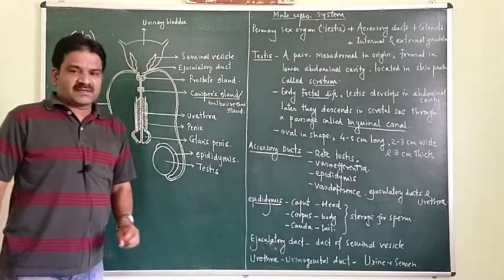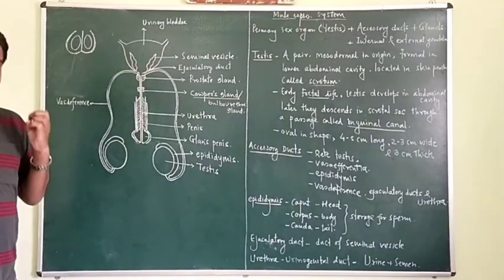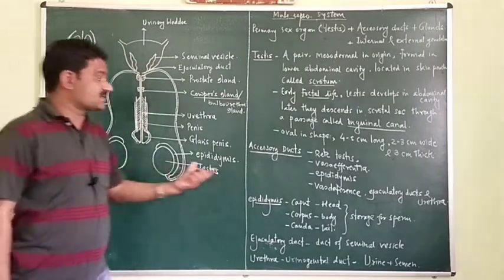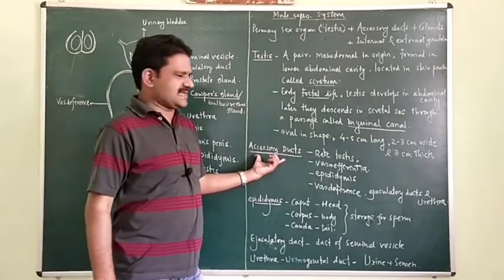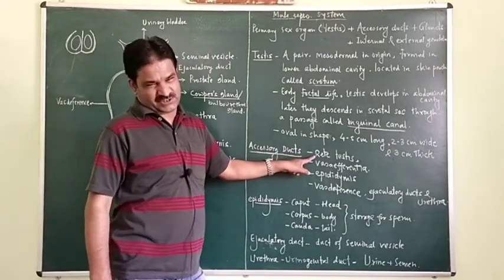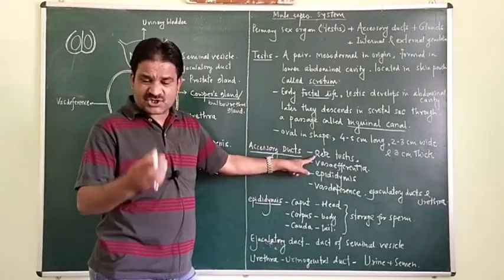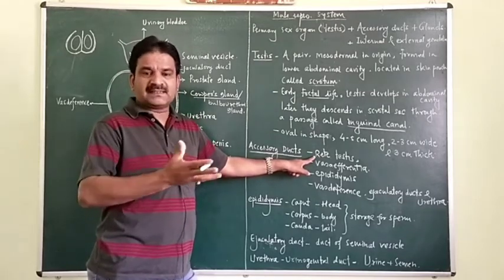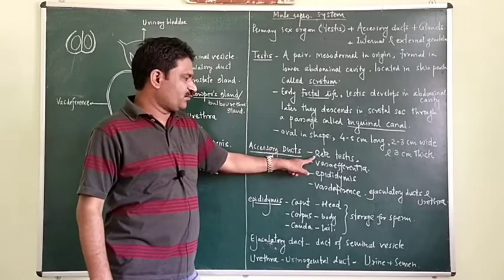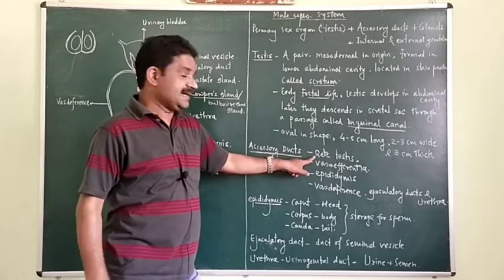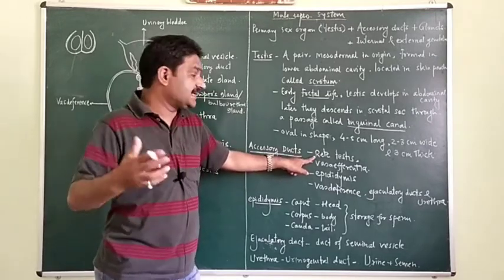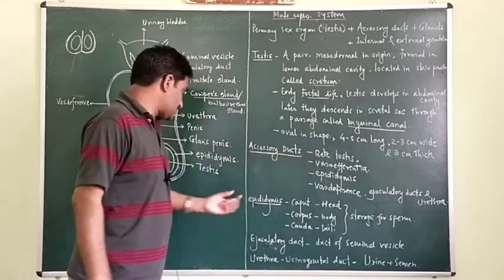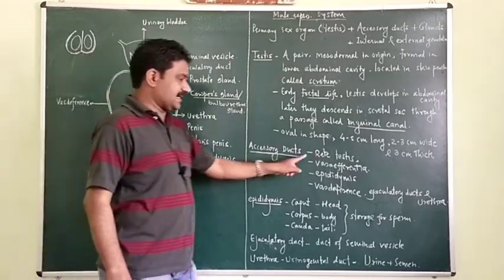Now some glands and some ducts are associated with this system. Those ducts are called accessory ducts. Now see, the rete testis is the channel of ducts. The small ducts all get channelized to form the rete testis, a network of ducts which is present inside the testis.